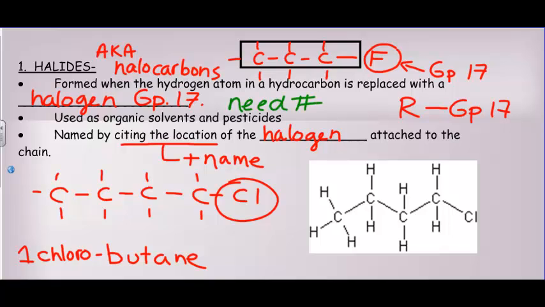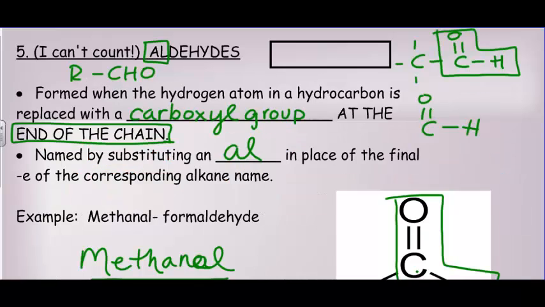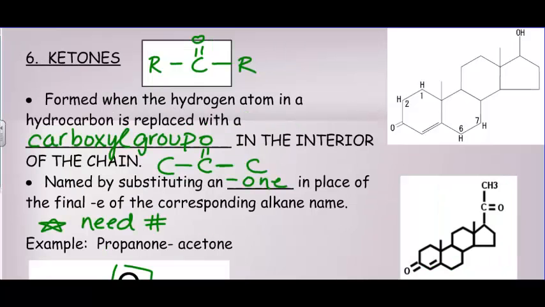You'll need a number to indicate what carbon the chlorine's on, or whatever. You don't need it for the aldehydes, because they're always on the end. So you don't need a number for the aldehydes in their name.